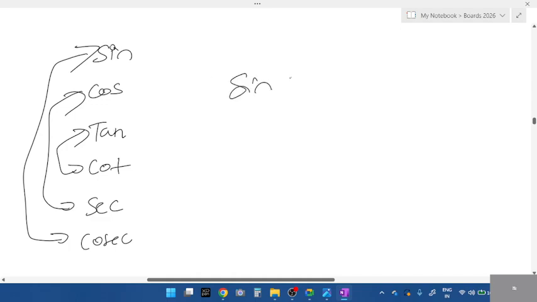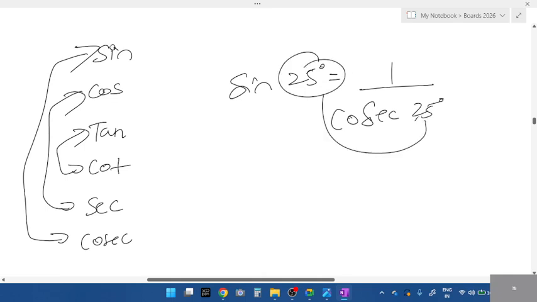Reciprocal meaning if I take sine 25 degrees. If you want to reciprocate, it becomes 1 by cosec. Sine becomes 1 by cosec 25. The angles will not change. Angle is the same, 25 degrees. This is reciprocal relation. Okay, when you talk about complementary, sine 25 degrees. Complementary of sine 25 is, see the arrows are like this.